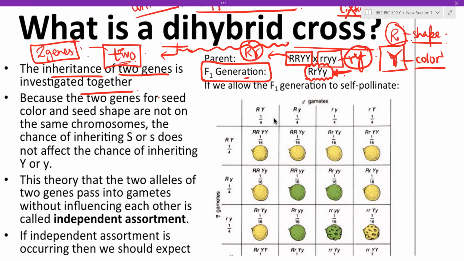These gametes will cross together and form the heterozygous dominant F1 generation. Now this F1 generation is self-pollinated, that is, it crosses with itself.